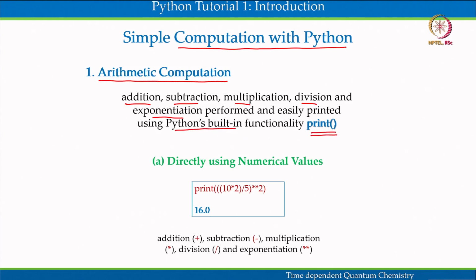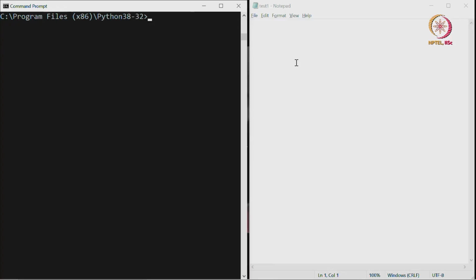I will show it on my laptop right now. If I write print 2 star 2, it is 2 multiplied by 2.